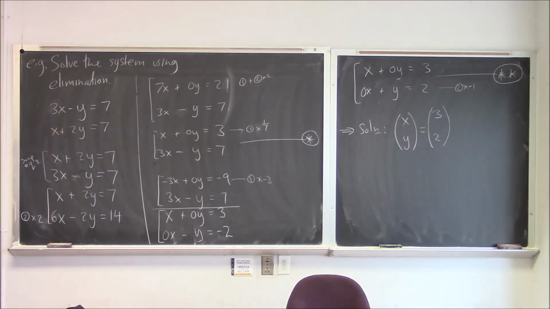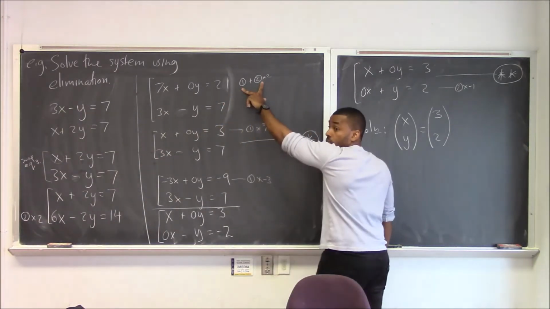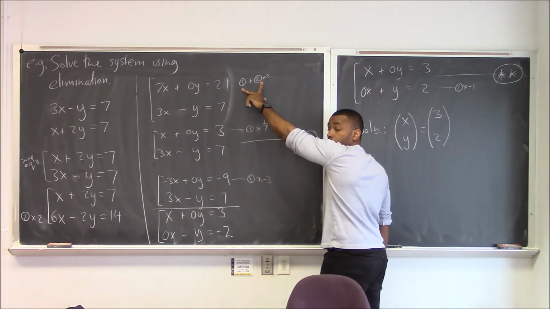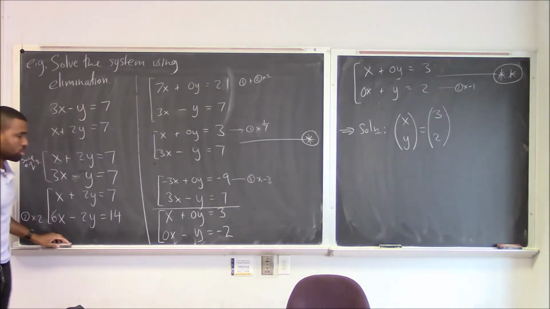There was another kind of thing we did. There was a time where we multiplied an equation by a scalar and added it to another equation, right? That's another kind of operation that is perfectly legal to do according to the rules of algebra.